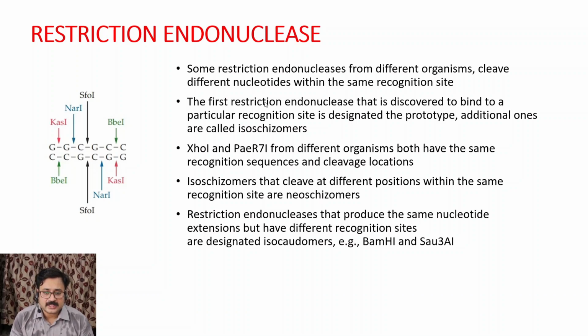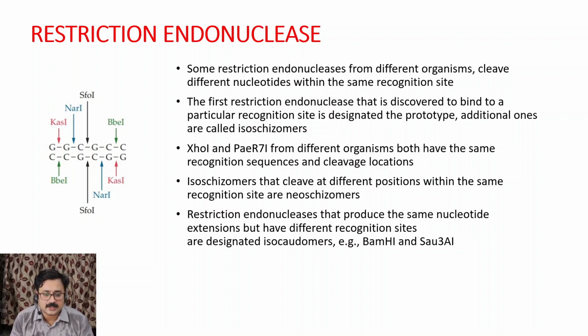Okay, so in this case, suppose 4 restriction endonucleases have been discovered which have the same recognition site. So in that case, what will happen? The first restriction endonuclease that was discovered will be called the prototype, and the next ones will be called isoschizomers.